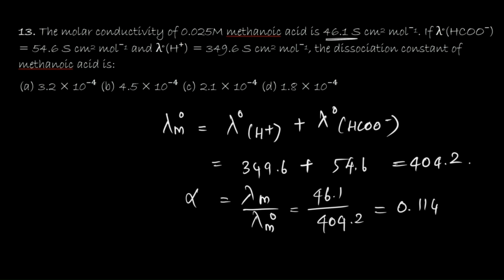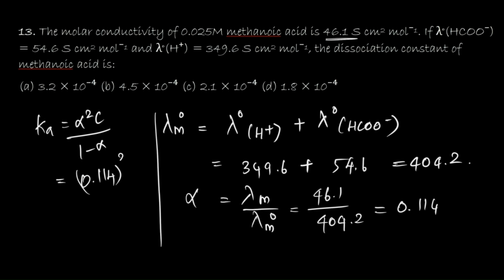So the dissociation constant Ka is alpha square C by 1 minus alpha, which is 0.114 squared times the concentration 0.025 divided by 1 minus 0.114, which comes out to approximately 3.2 into 10 to the power minus 4. That is option A.